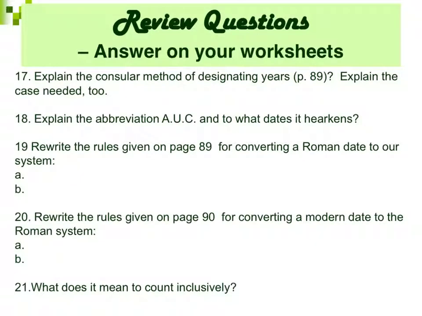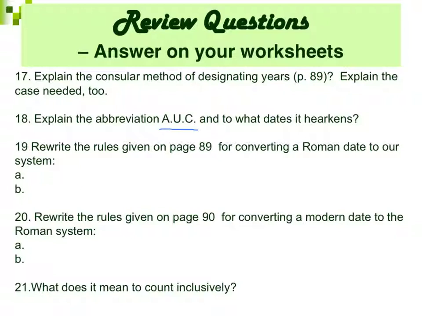Number 17, explain the consular method of designating years, found on page 89. Explain the case needed, too. Number 18, explain the abbreviation AUC and to what date it harkens.